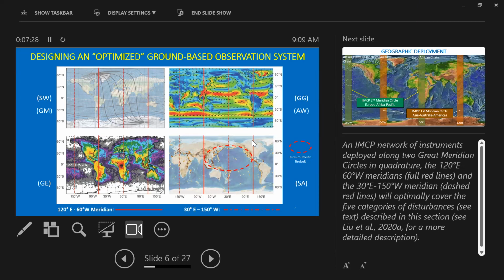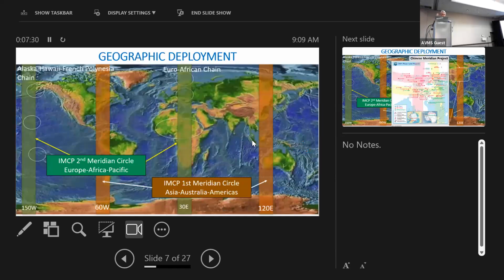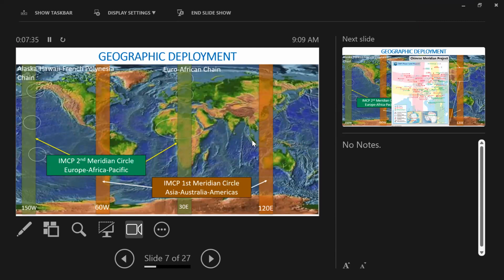So with that, let me show you exactly what should be the deployment of these 2 great circles. In brown, you have what we call the first meridian circle: Asia, Australia, Americas. And in green, the second meridian circle: Europe, Africa, and the Central Pacific. You see that through the Pacific, this chain goes through Alaska, to Hawaii, and to French Polynesia, which is one of the reasons why in my country we are interested in this project.